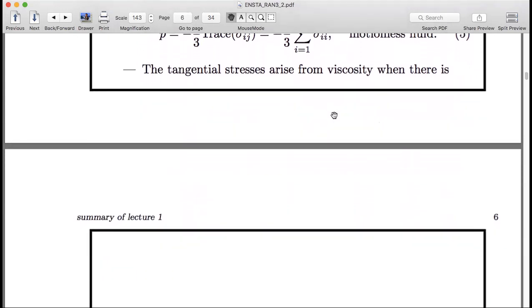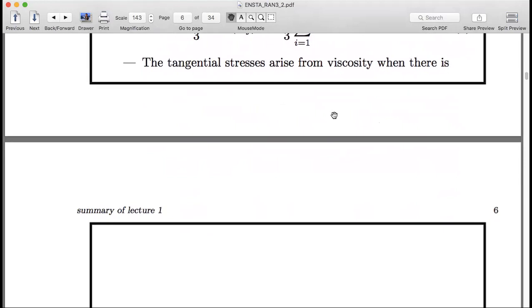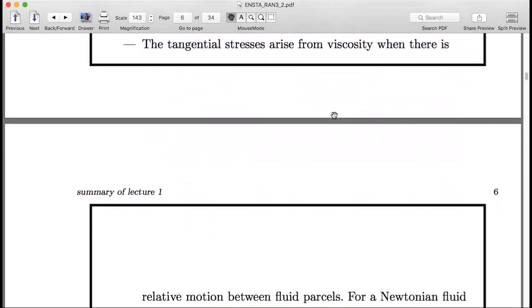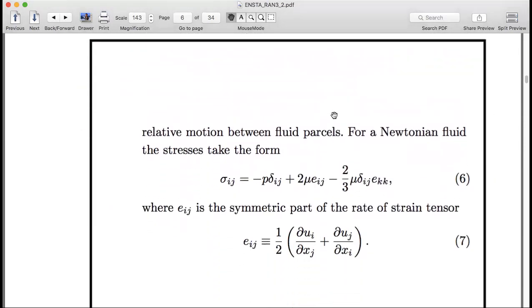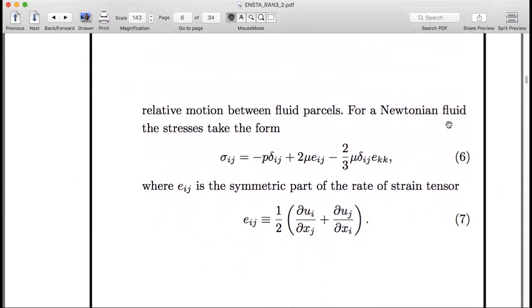The tangential stresses arise from the viscosity of a flow. We're going to deal with Newtonian fluids, in which the stress tensor is related to the relative motion. Equation 6 tells us exactly the expression of that relationship.